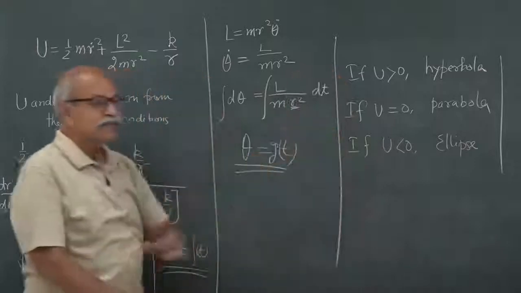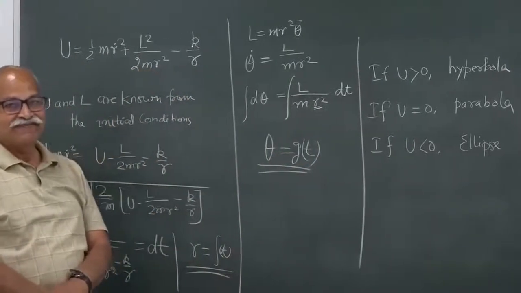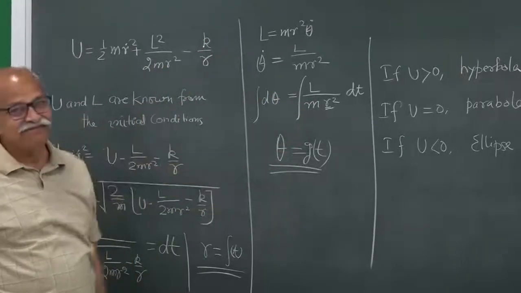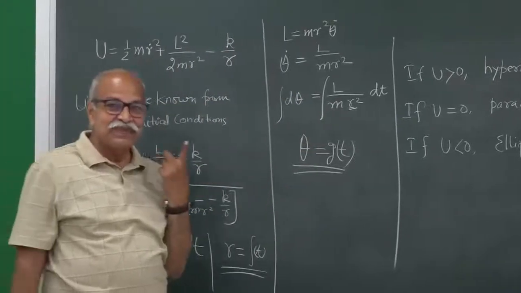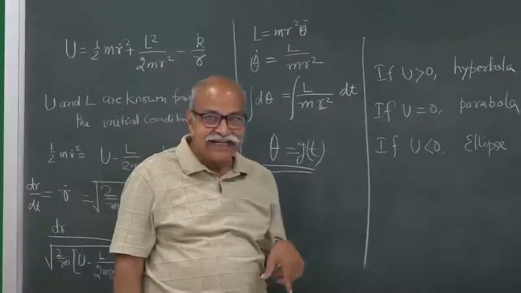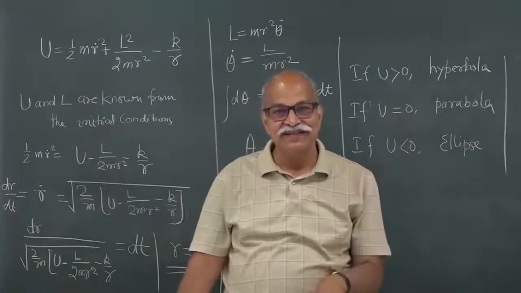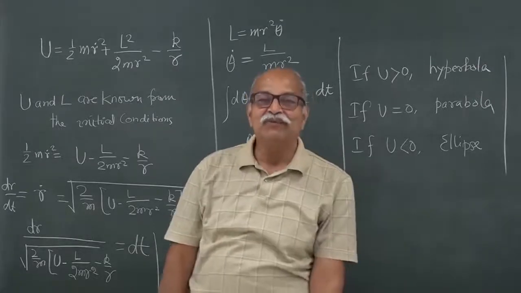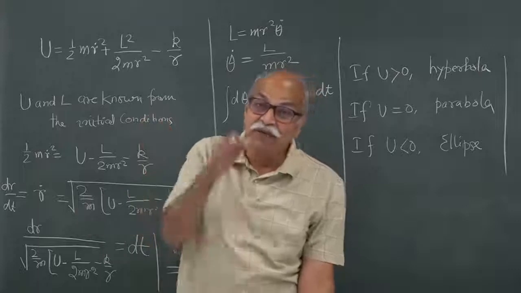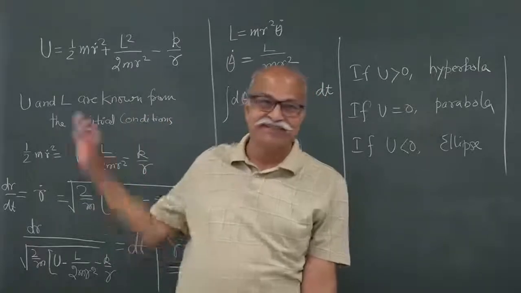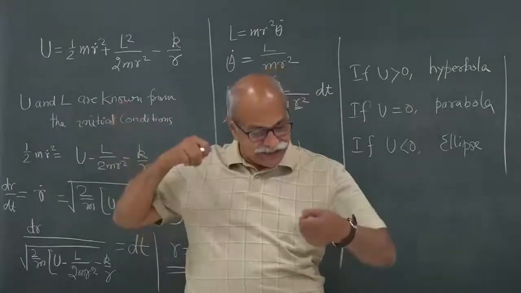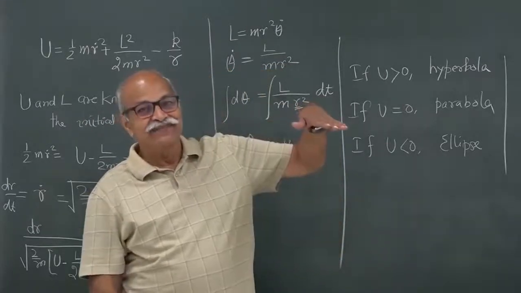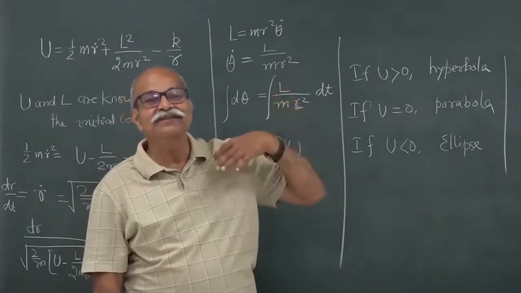Remember, circle is a special case of ellipse, and we can work out when it will be a circle, but maybe next time. So, under attractive inverse square law, that kind of force, the path of the particle has to be either an ellipse or parabola or hyperbola, nothing else. And then what exactly it is, that is decided by the total energy, and that is decided by how you start the motion.